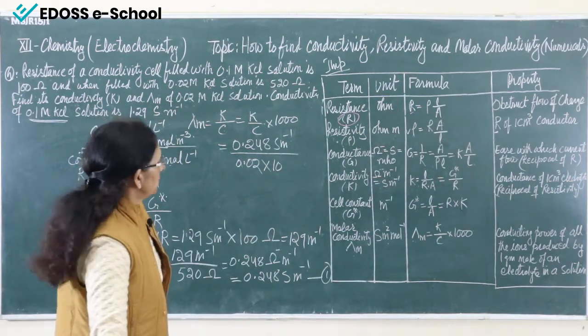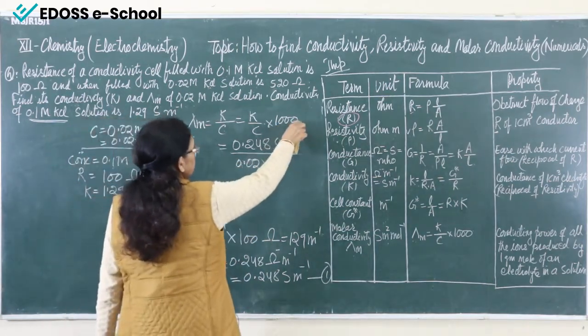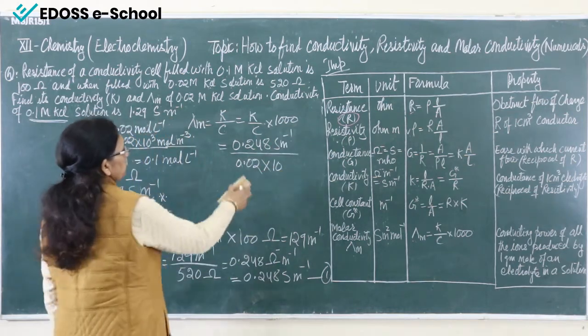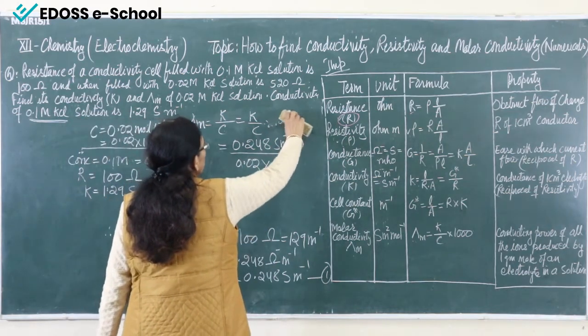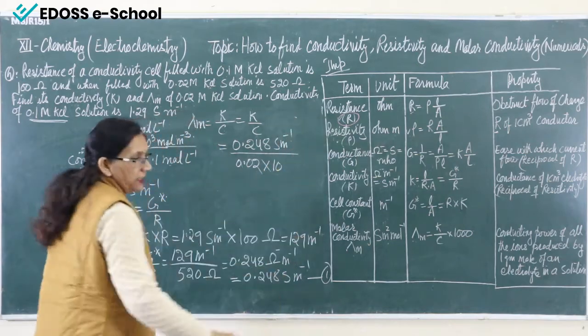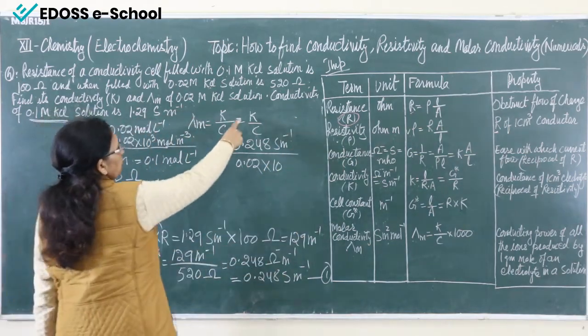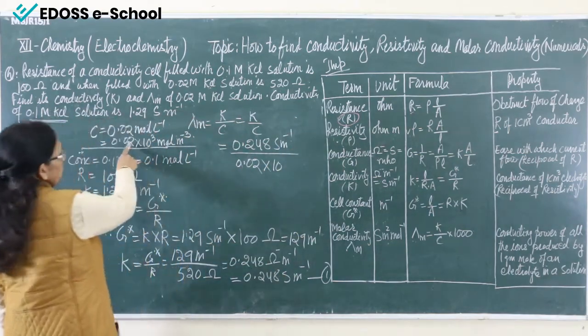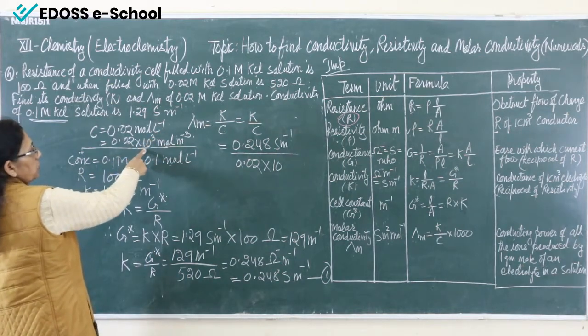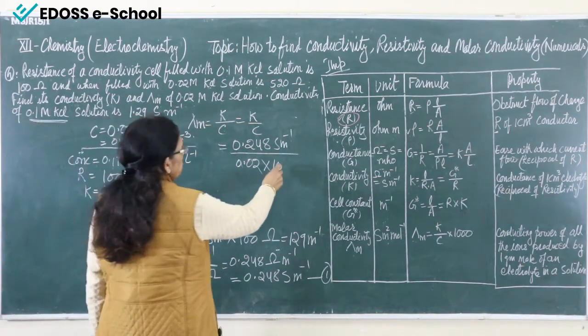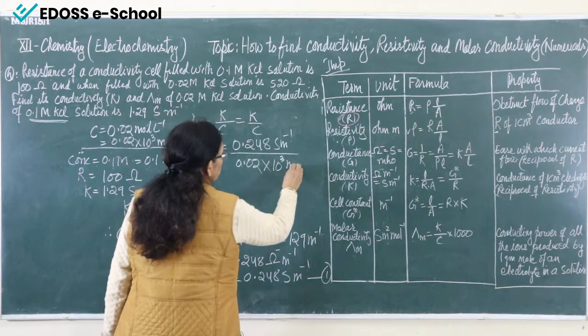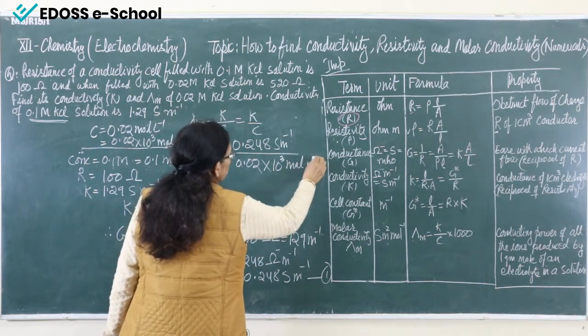Remember it, either do it in this way or this way. If I am not multiplying it here, I will do it this way. So K upon C, and this is equal to, I have changed liter into cubic meter. So this is 10 raised to power 3, mole per cubic meter.